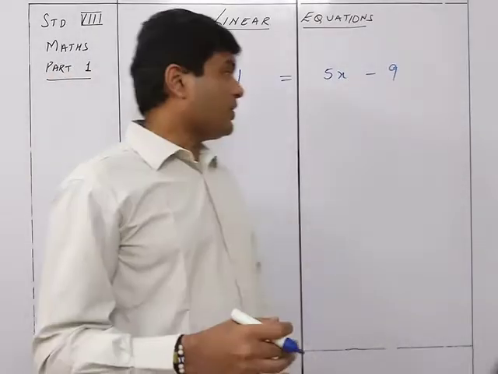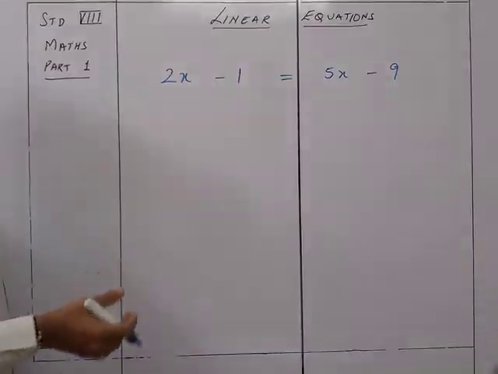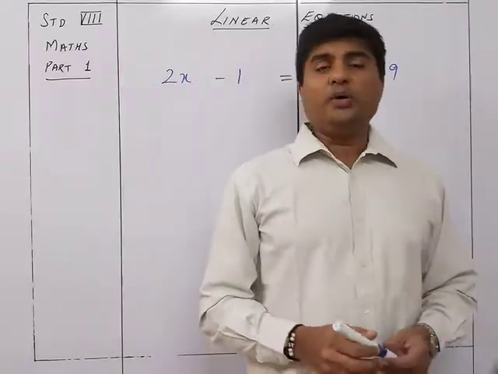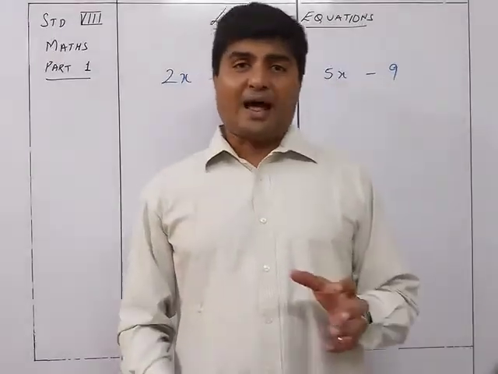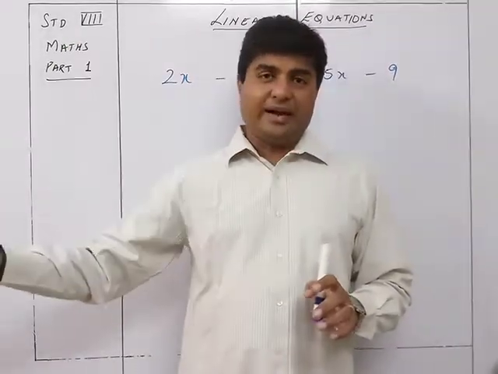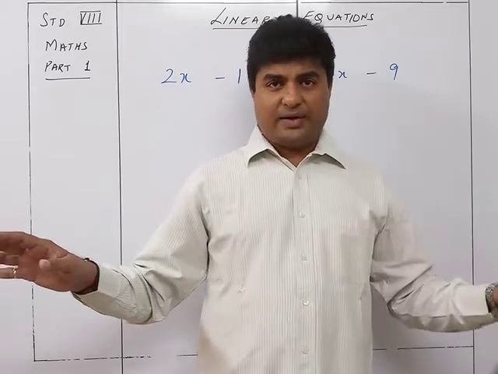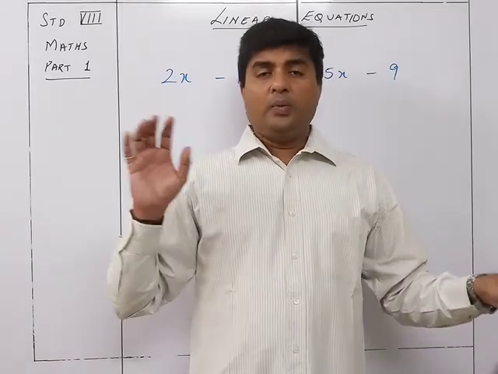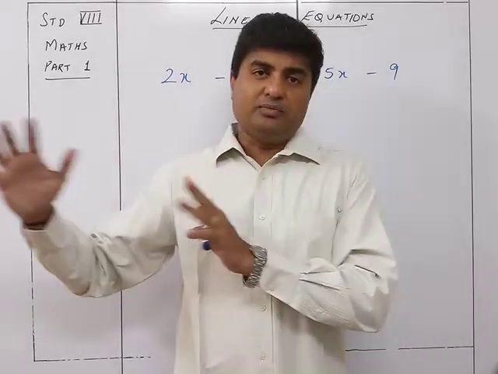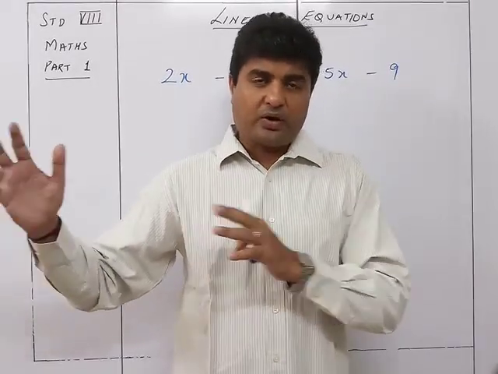Suppose I got this equation as 2x minus 1 is equal to 5x minus 9. In such a case, what you will do is try to bring all the x on one side and all the numbers on another side. We are going to bring the like terms together and separate out the unlike terms.